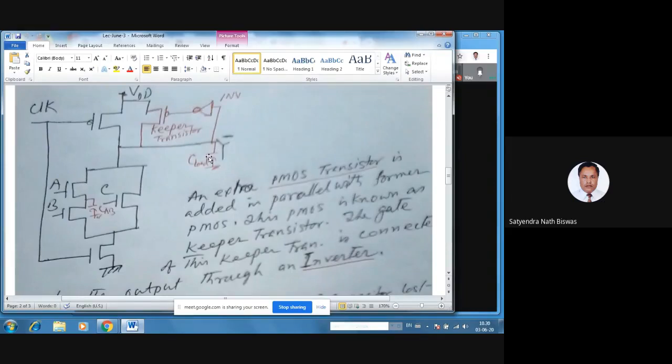So this load voltage will remain the same at all times. Even if it discharges a little to charge the capacitor between A and B, the charge will come from VDD and will recharge it and keep the output a strong 1.